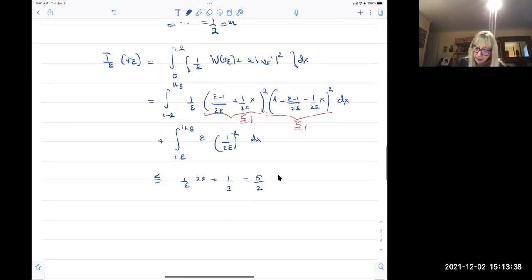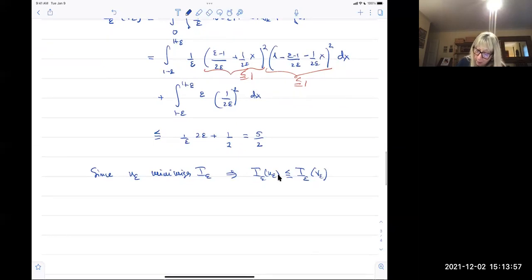But the bottom line is that since the u epsilons are minimizers, you get that I epsilon of u epsilon is below this particular one because it's a competitor.